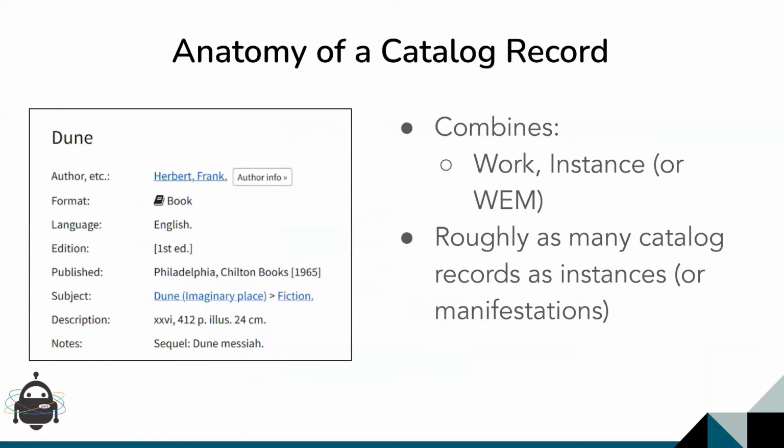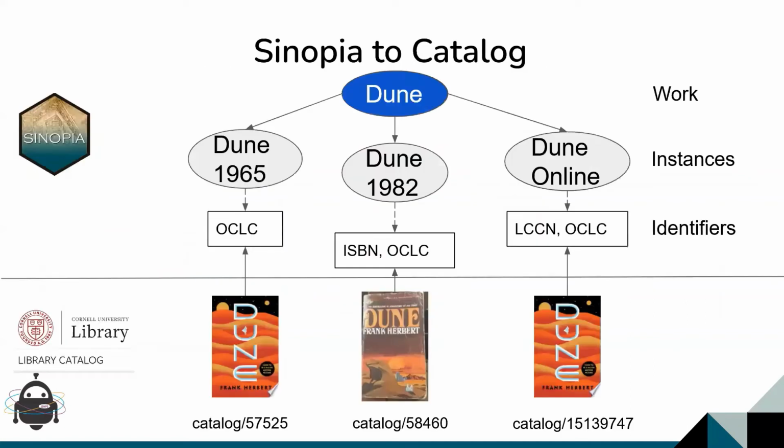If we think about each record in our catalog corresponding to an instance, we can then try to map the information that we have in a BIBFRAME model to the resulting library catalog records. So what we did is we represented information about the Dune work and then represented information about the multiple instances of that work that we have in the catalog.